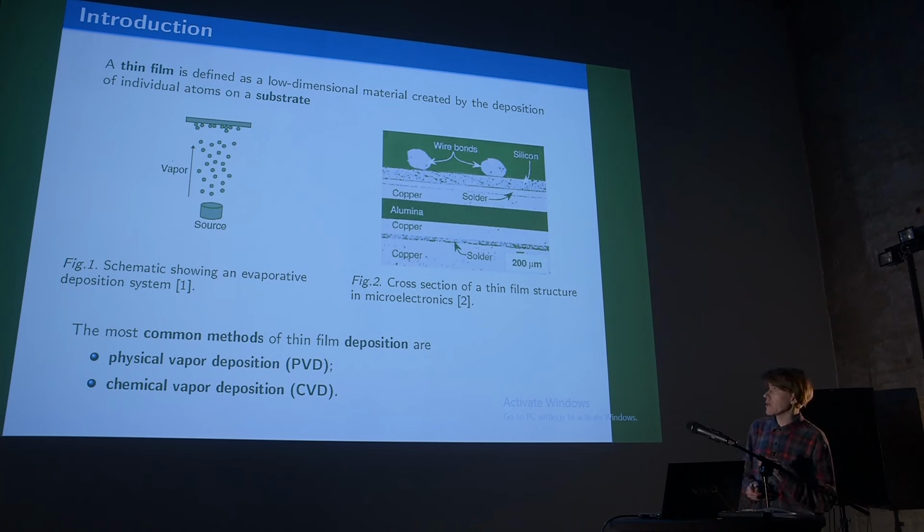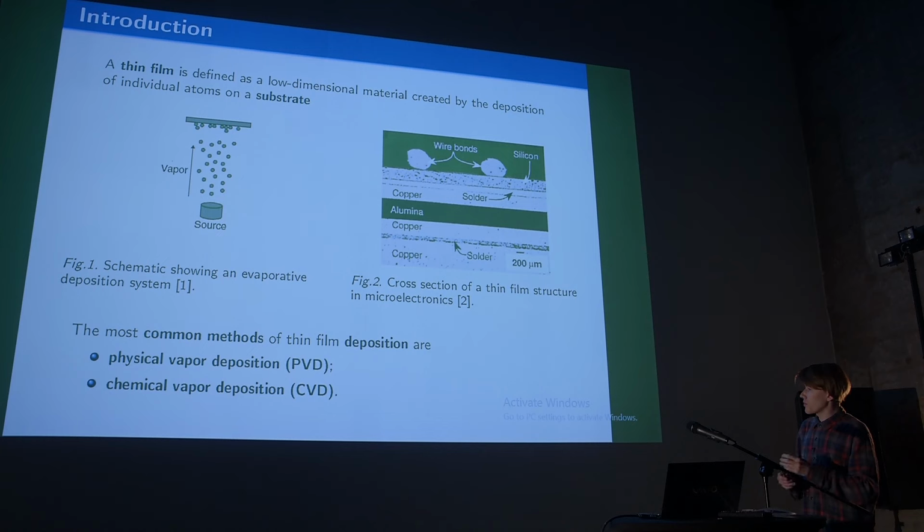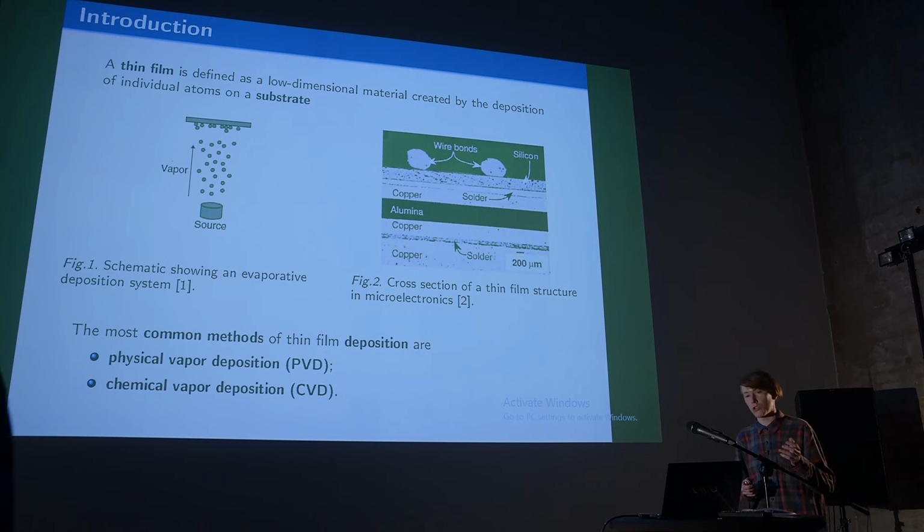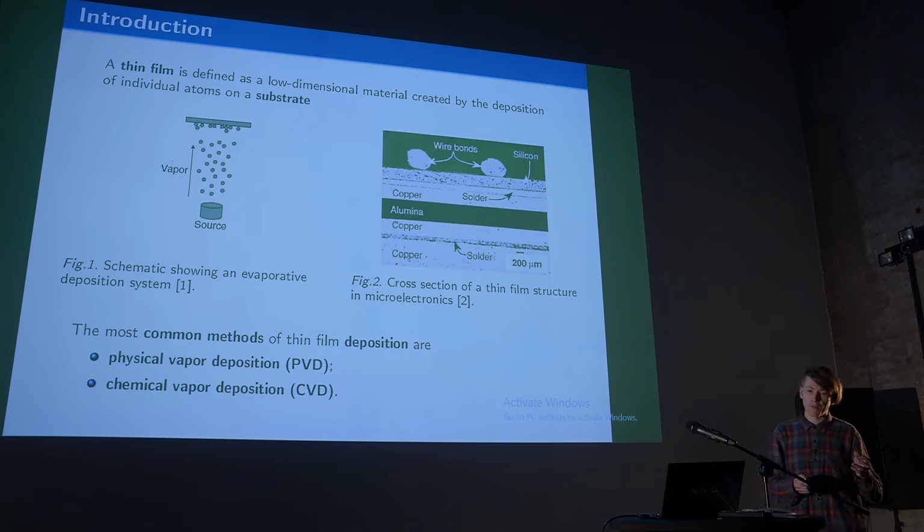But finally, we get some structures that you can see on this figure. These are very complicated structures that we use in microelectronics, in optics, in, I don't know, in medicine. Actually, such kinds of materials we can use everywhere.